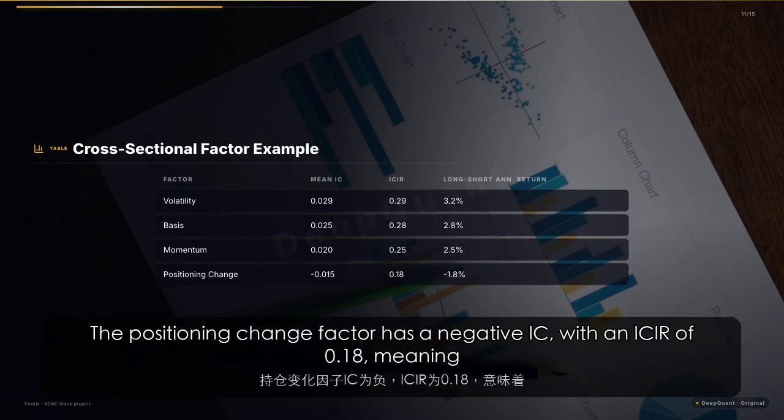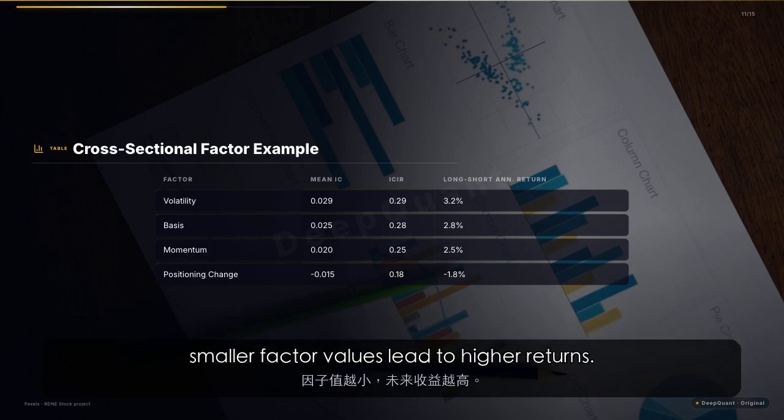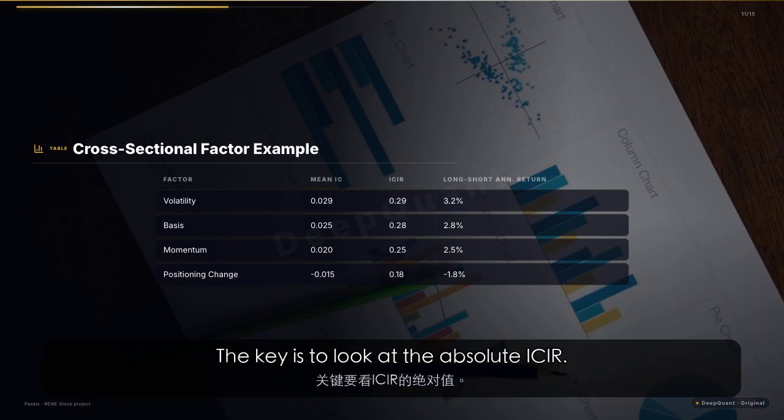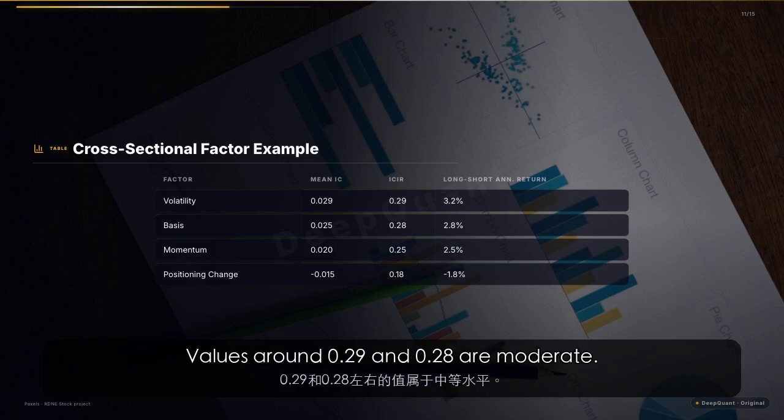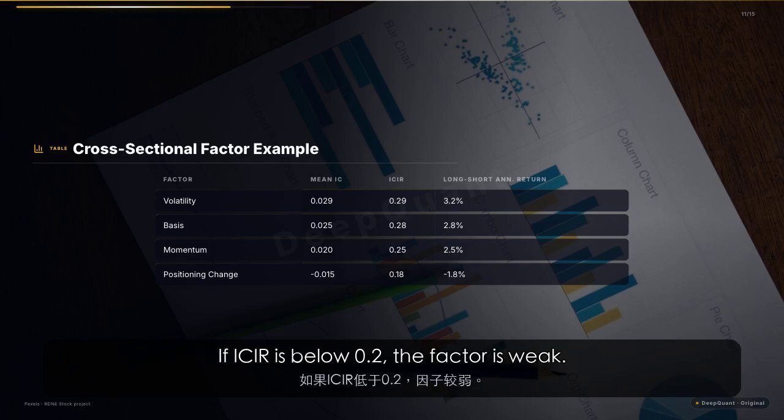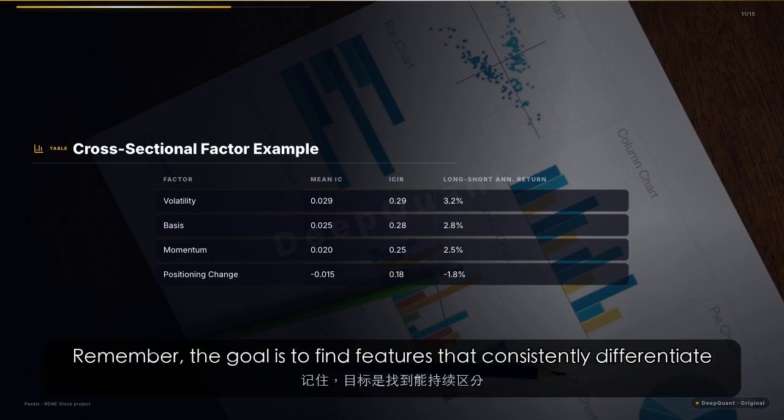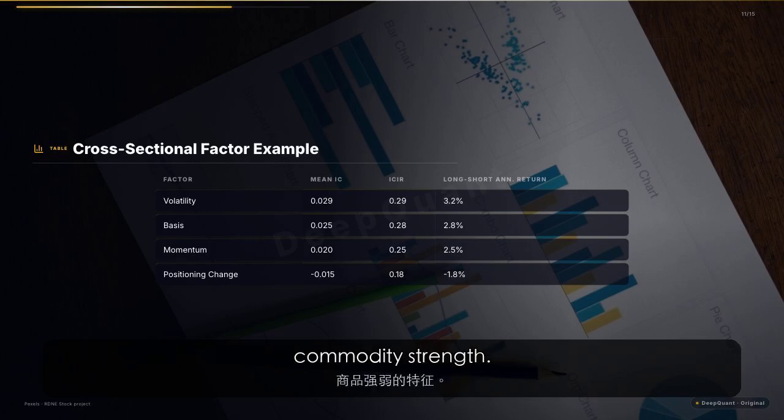The positioning change factor has a negative IC, with an ICR of 0.18, meaning smaller factor values lead to higher returns. The key is to look at the absolute ICR. Values around 0.29 and 0.28 are moderate. If ICR is below 0.2, the factor is weak. Remember, the goal is to find features that consistently differentiate commodity strength.